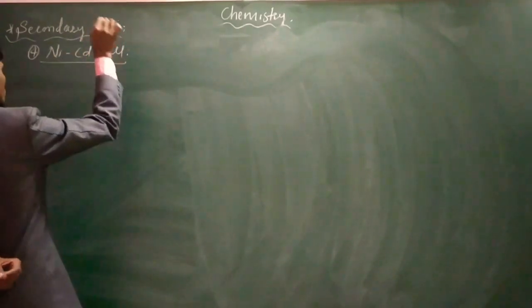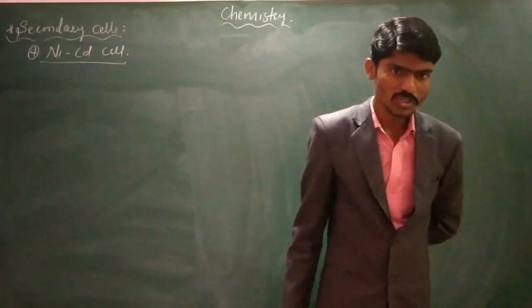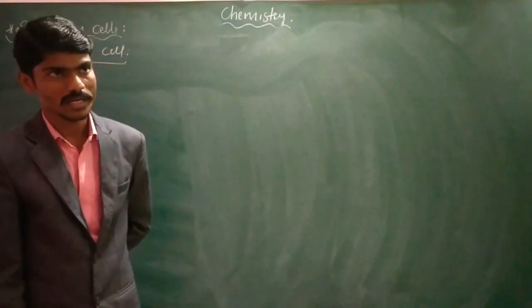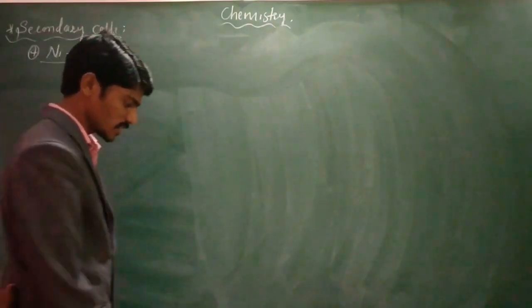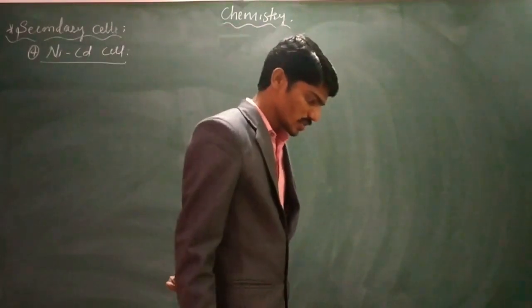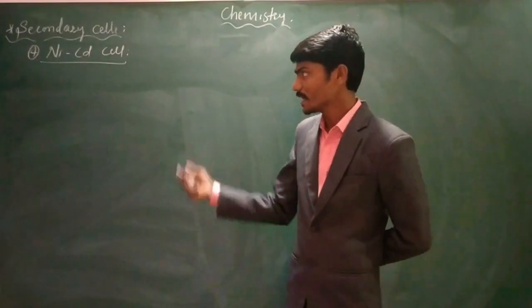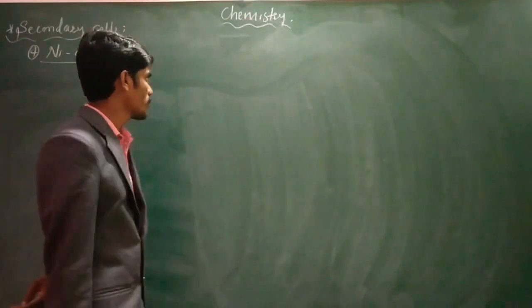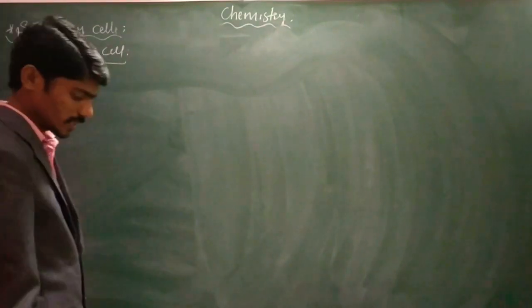Look at this. This is also the same. And here nickel cadmium cell finds more applications than lead storage battery, because it is light and compact as compared to the lead storage battery and has high efficiency as compared to lead storage battery.